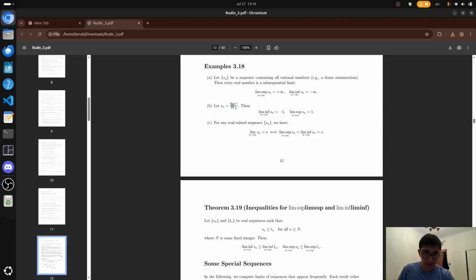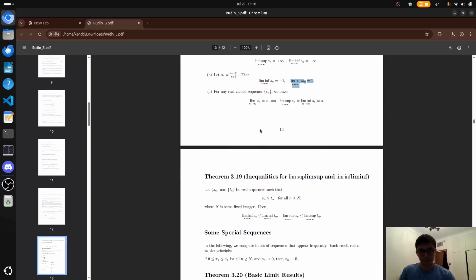So we're just left with -1 to the n. And you're just alternating between -1, 1, -1, 1. So if you take one subsequence, which is a lower one, you're going to get -1, -1. The upper one is going to be 1, 1, 1. So you're going to get lim inf Sn is equal to -1 and lim sup Sn equals 1. And for any real valued sequence Sn, we have limit as n goes to infinity of Sn equals S.